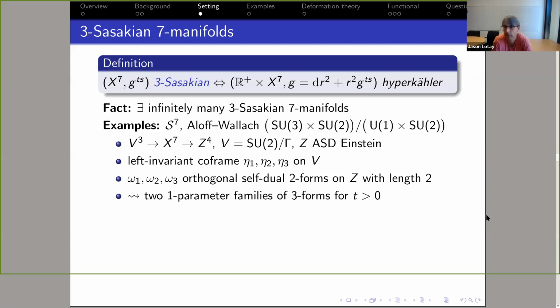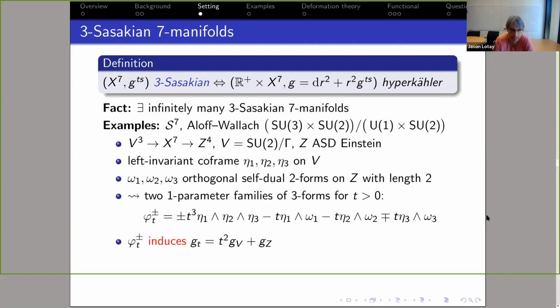So I'm going to give you a nasty formula now. If people like formulas, it's not so important what the formula is, but there it is. One thing that you can check is that these phi t plus minus are all co-closed. But more important for us is that they induce a certain type of metric on our space. So the metric is t squared times a fixed metric on the fiber plus a fixed metric on the base.